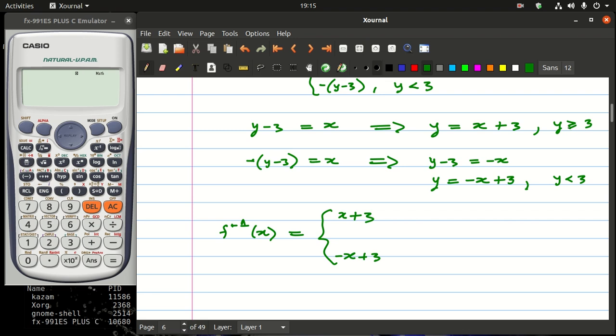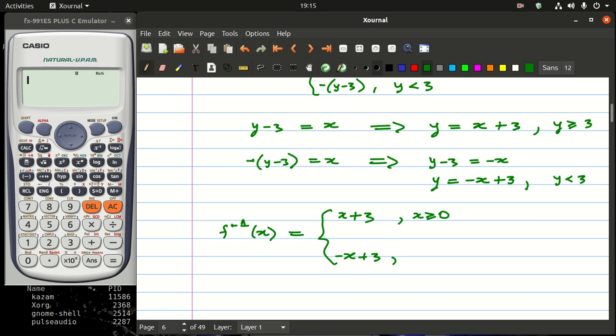Looking at this, I want my y to be greater or equal to 3. For y to be greater or equal to 3, I want my x to be bigger or equal to 0. So here I will have x greater than or equal to 0, because if I plug in a value that is greater or equal to 0, I will end up having 3 and above. And then here, I want my y to be less than 3.